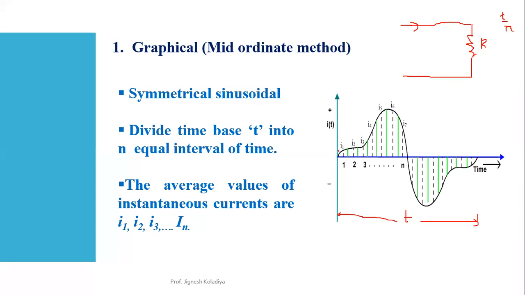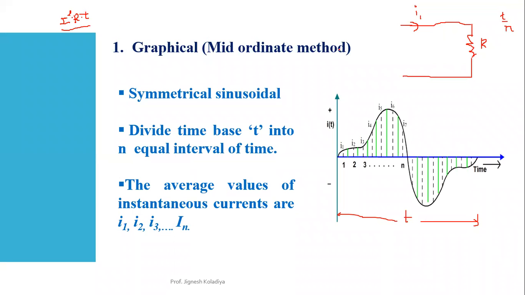So first of all, this I1 component is passing through this resistance R for how much interval? T by n. So can anyone tell me the amount of heat generated over here due to this I1 current? The equation of heat is I square RT.